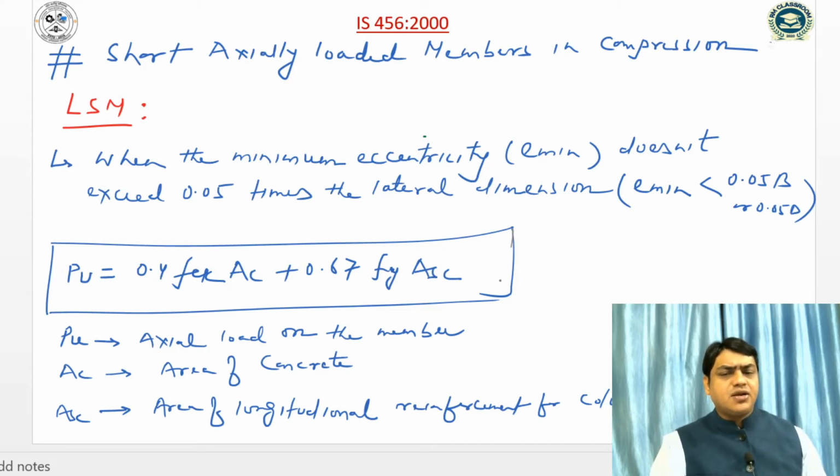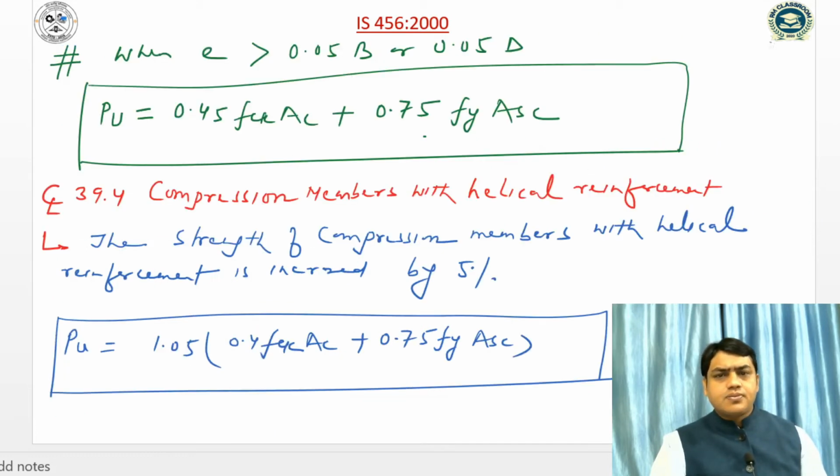But remember that this formula is applicable when the minimum eccentricity is less than 0.05 B or 0.05 D. Our expression of minimum eccentricity we have already discussed in the last class, that is L by 500 plus B or D by 30, where AC is the area of concrete, ASC is the area of longitudinal reinforcement of the column. When the value of eccentricity is greater than 0.05 B or D, then this formula can be written.